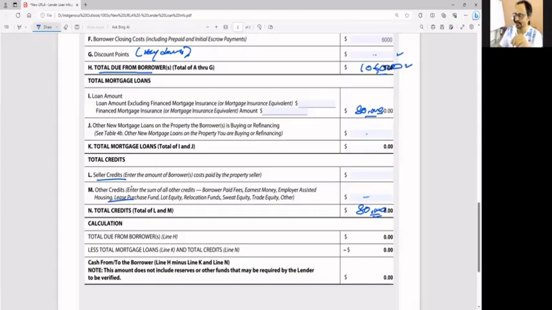So 106,000 needs to be arranged, and 80,000 is arranged. So what is the total money the borrower needs to bring in to close this loan? Simple: 26,000. This money the borrower is going to bring at the time of closing, meaning this 26,000 needs to be paid by the borrower and deposited into the escrow account. Is that fine? Understood how the closing cost will be calculated?